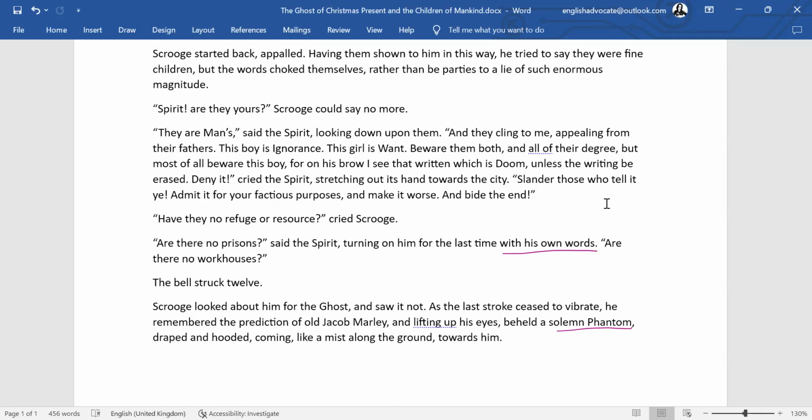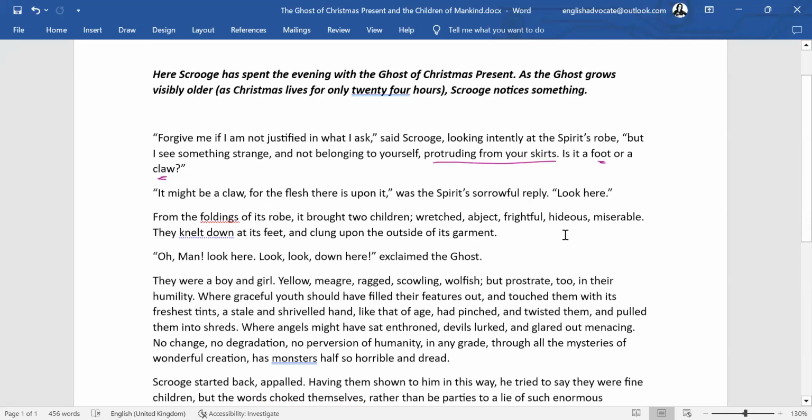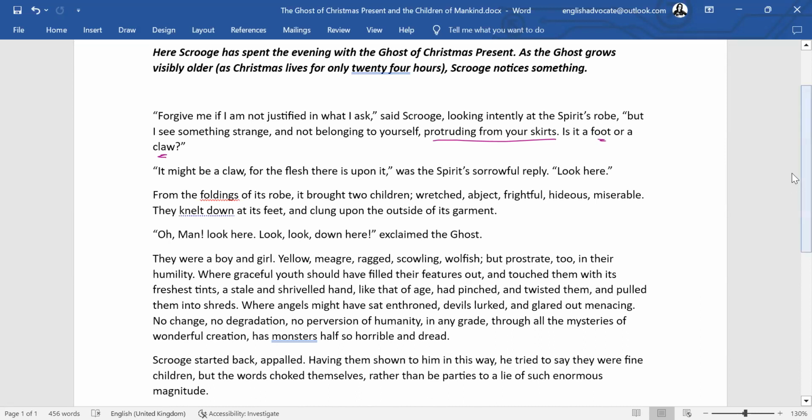So looking through, now we've checked the meaning, what we're trying to do is to pick out some of these methods that Dickens is using to present Scrooge, or to make this moment effective, to give it impact, right?